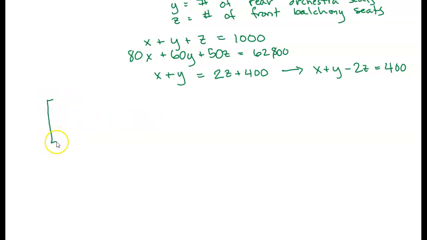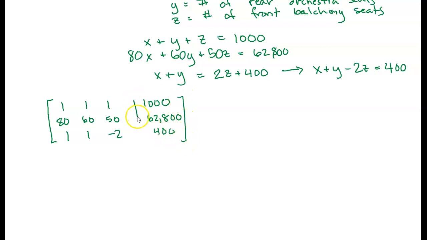So this is just 1X plus 1Y plus 1Z equals 1000. The next one is 80X plus 60Y plus 50Z is equal to 62,800. And the last one, we've got 1X plus 1Y minus 2Z is equal to 400.